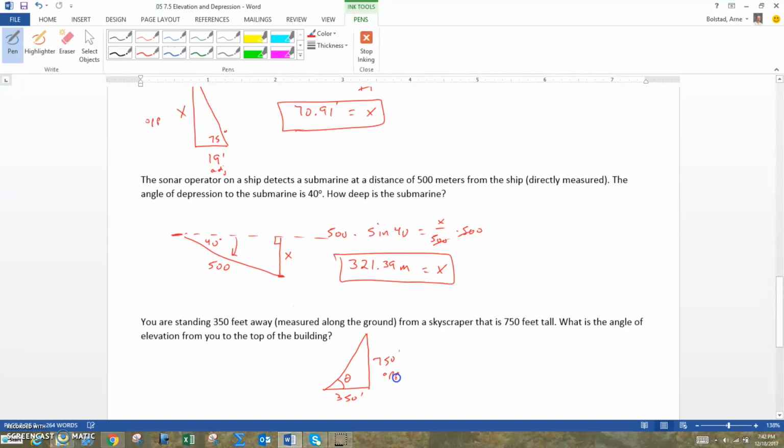Again, opposite over adjacent. That would be tangent. So tangent of theta equals 750, the opposite side, over the adjacent side, 350. Again, to solve for the angle theta, we have to take the inverse tangent of both sides, so we undo what tangent is doing to theta.